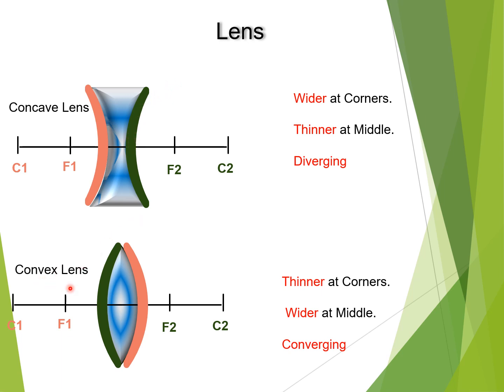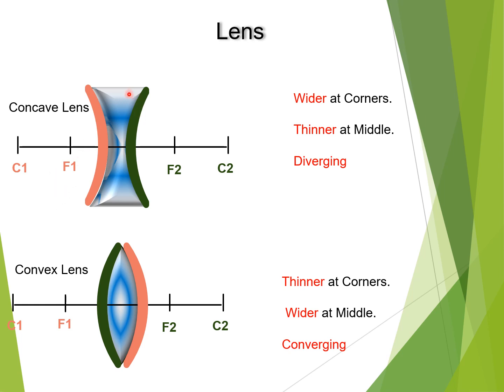In plano-convex lens, again one side is plane and another side is having curve. We shall study only about concave lens and convex lens, where both the sides are having curve. You may recall that we studied 3 types of mirrors: convex mirrors, concave mirrors, and plane mirrors.